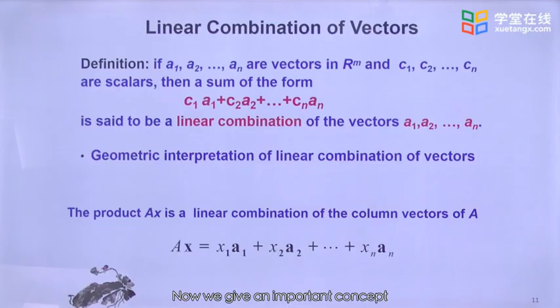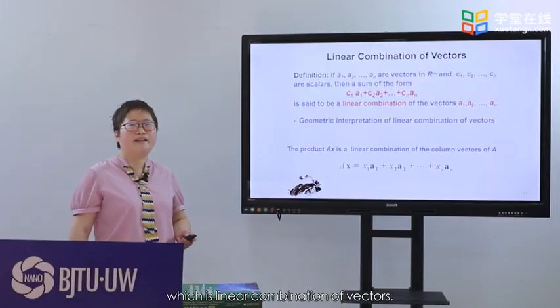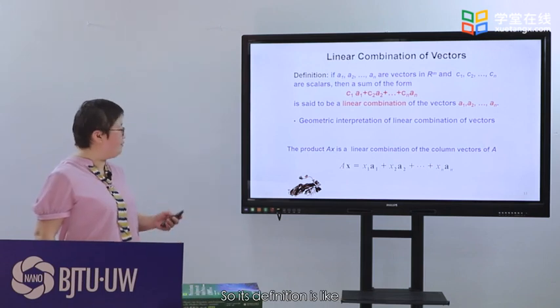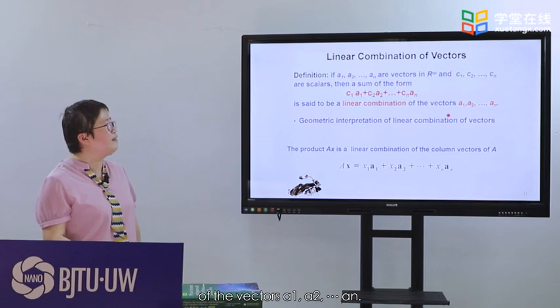And now we give an important concept of linear algebra, which is linear combination of vectors. Its definition is: if a1, a2, ..., an are vectors in Rm, and c1, c2, ..., cn are scalars, then a sum of this form c1a1 plus c2a2 plus ... plus cnan is said to be a linear combination of the vectors a1, a2, ..., an.